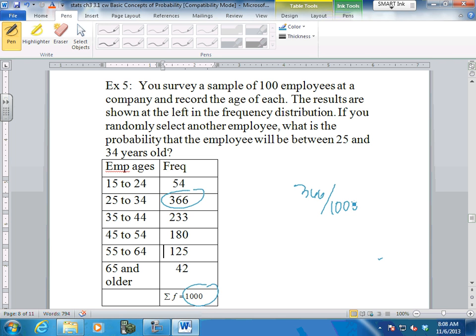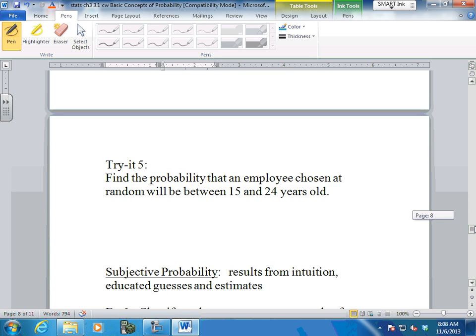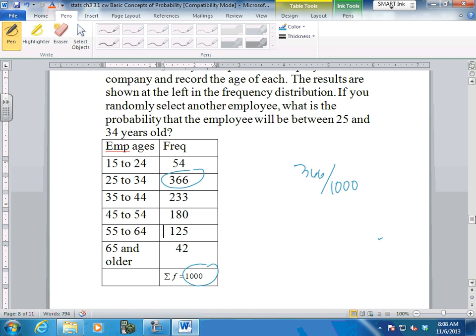Okay. So when you do your probabilities, you're still going part over whole. What is the probability that they will be between 15 and 24? 54 out of 1,000. What is the probability that they will be 65 or older? 42 out of 1,000.